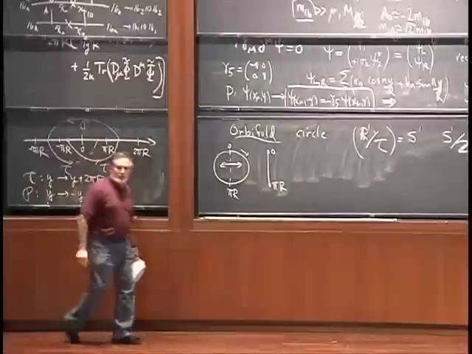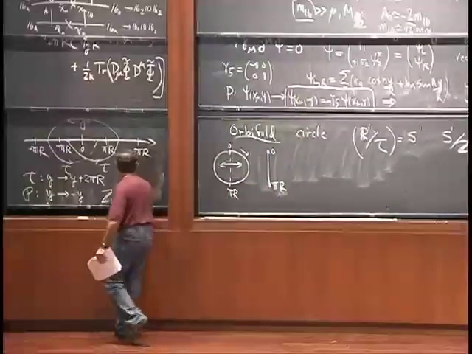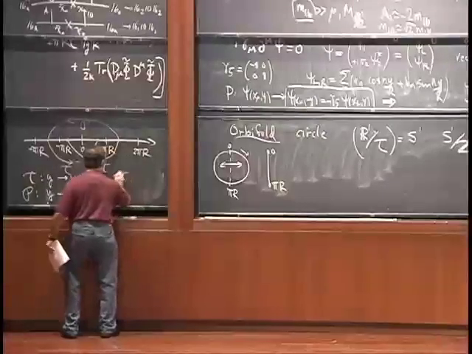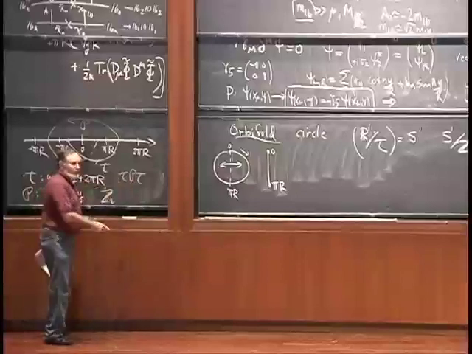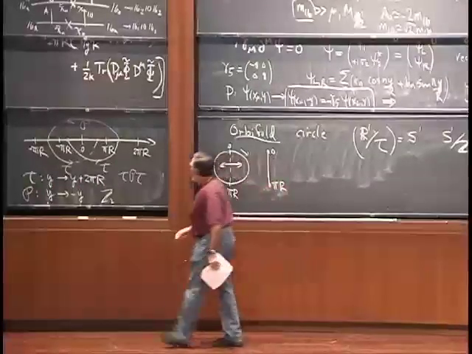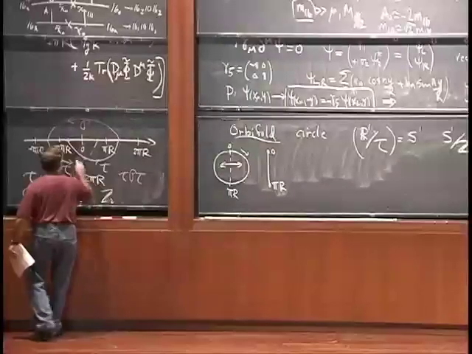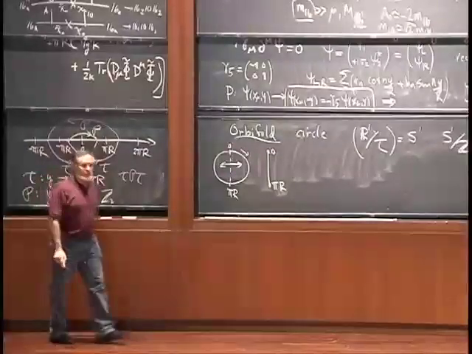By another translation. The net effect of doing a translation, well, I do it in this order, but the net effect of doing a translation followed by a parity operation followed by a translation is equivalent to a parity operation.